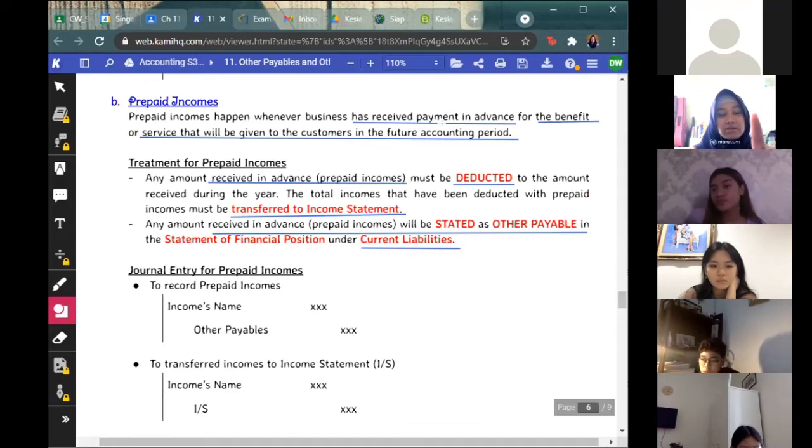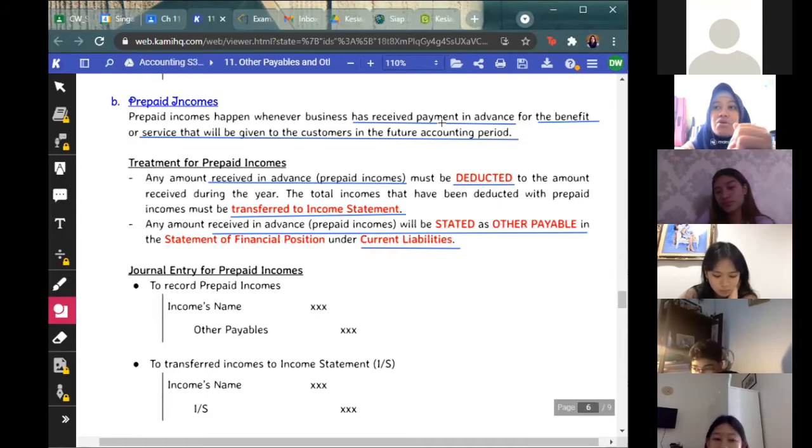So imagine that you are the business, you receive the money, but you haven't given the benefit or service to the customer. It means that you have a debt, but the debt is not in the form of money, it is in the form of benefit or service. Clear?